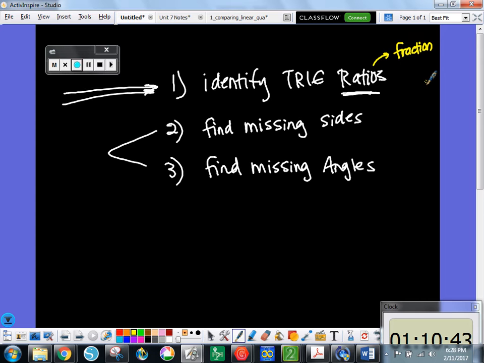Whenever I ask you to find a trig ratio, for some reason you think that I'm asking you to find this and this. So there's kind of an error alert. I'm not asking for missing sides when I'm asking for a ratio. I'm literally asking for one number over the other number.